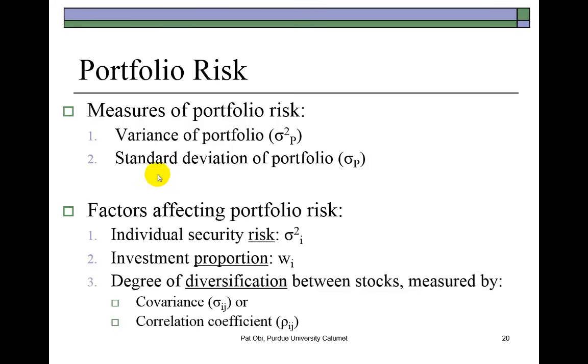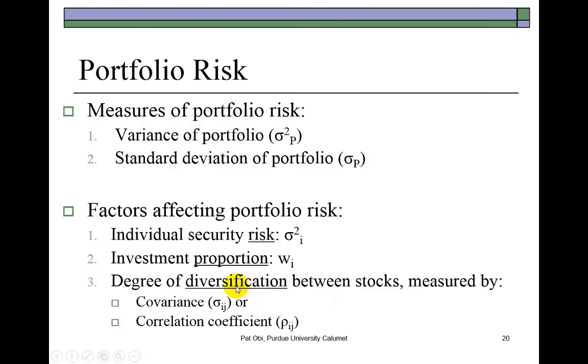First, we know that the risk of a portfolio will be affected by the individual riskiness of each of the securities within that portfolio. Secondly, it would also be affected by the proportional investments you make in each security. And finally, it would definitely be affected by the degree of diversification among the securities within that portfolio.